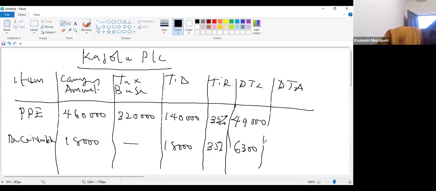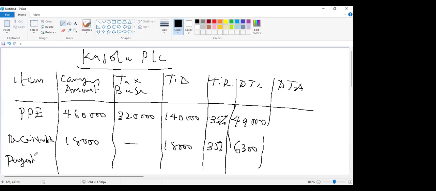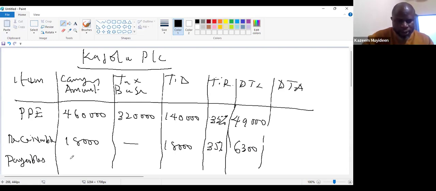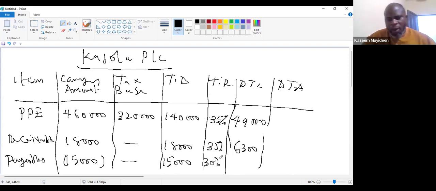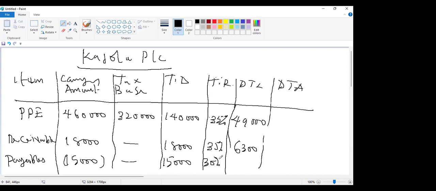Next, interest payable. $15,000. Because the tax base of the payable is 0, you give me 15,000 at 35%.